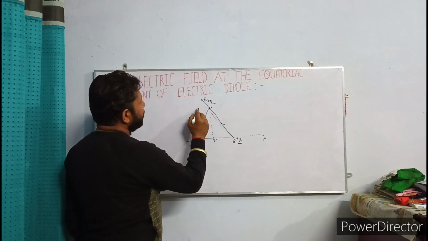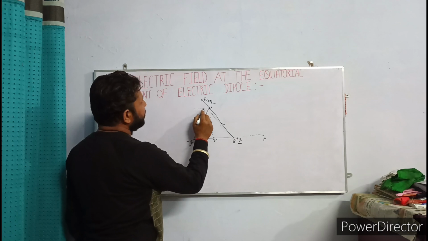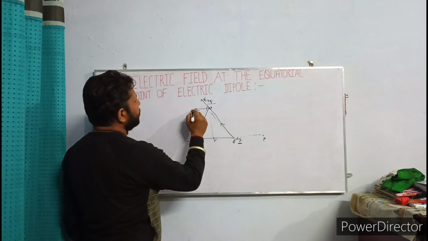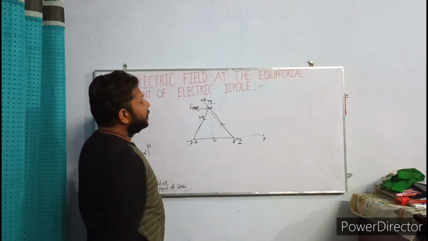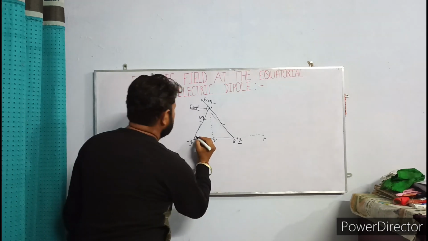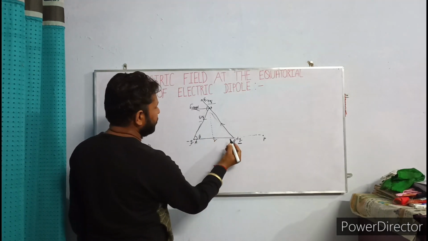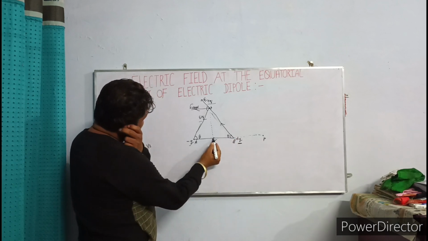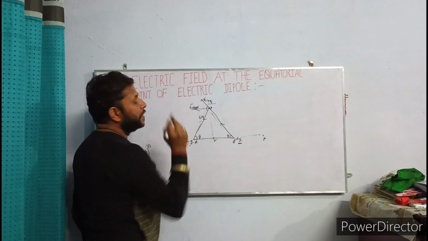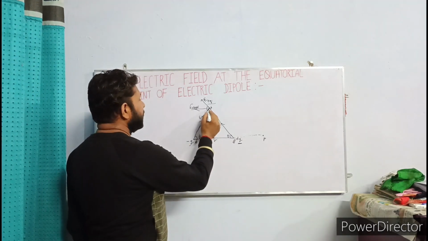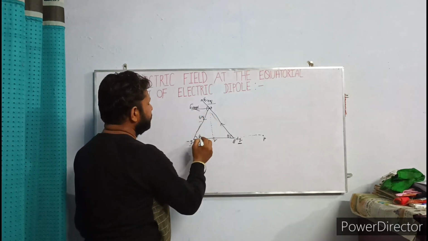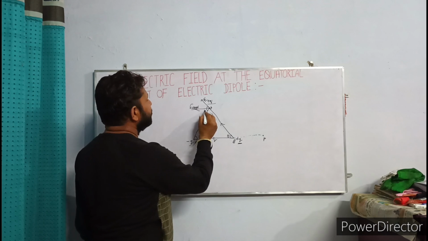So at the bisecting angle position, same angle, it is the resultant E equatorial. Then it is theta, same angle, theta. And here we can see that this line and this line are parallel lines, and it is a slant line. So they are adjacent angles, means this angle and this angle will be same theta.